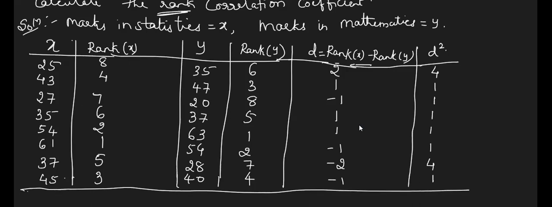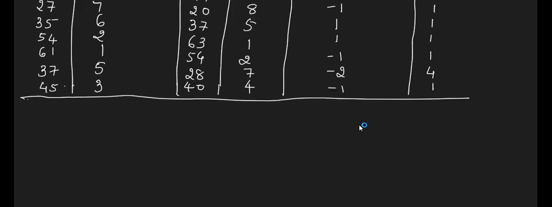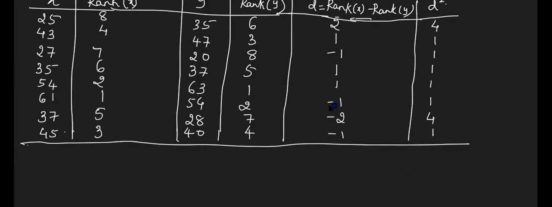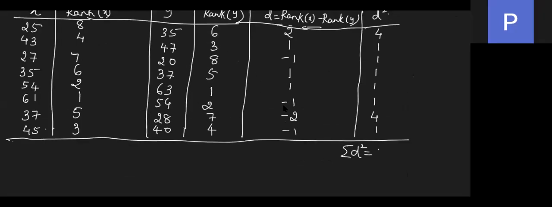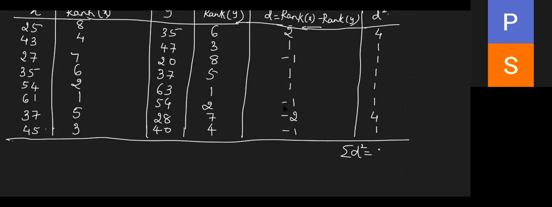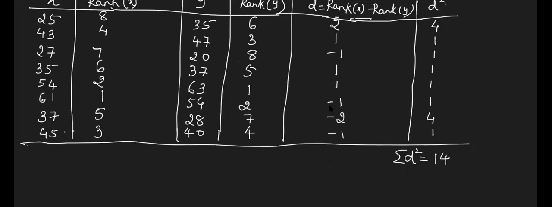Only one column we are interested in, that is d square. Add this column: 4 plus 4 is 8, plus 6 is 14. It is 14.